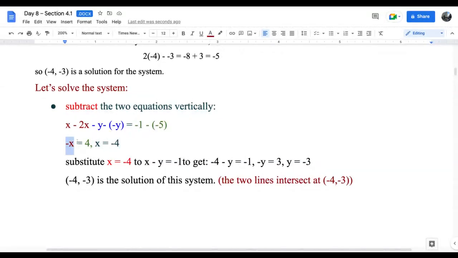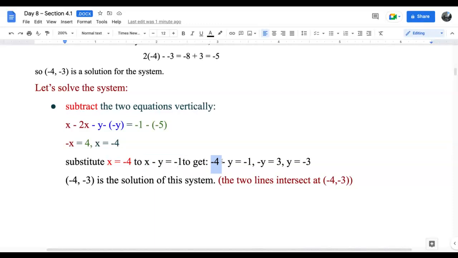Let's see what happens. We get x minus 2x, which is -x, and -y plus y becomes 0. Then -1 plus 5, that's 4. So -x equals 4. We multiply by -1 on both sides, so we get x equals -4. Okay, so for this one, if we subtract, it works. Now we substitute -4 for x into any of the equations. Let's substitute into the first one.